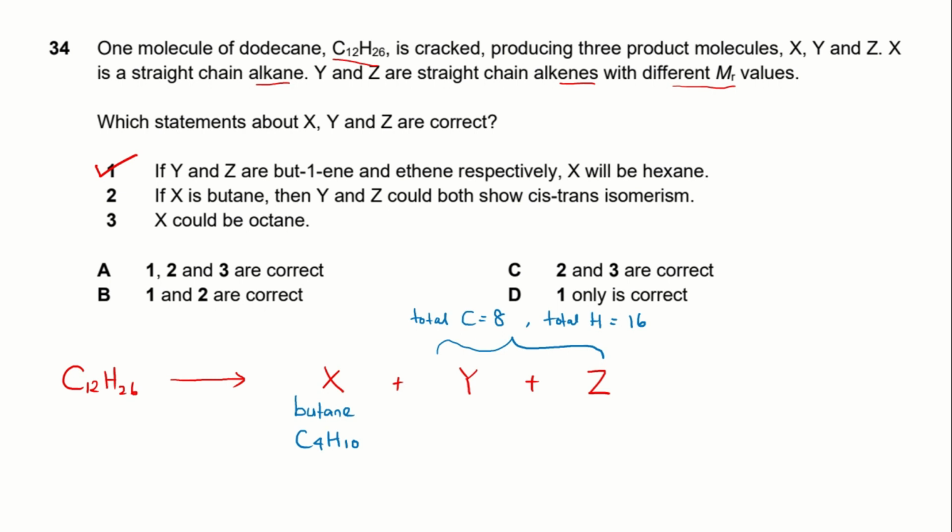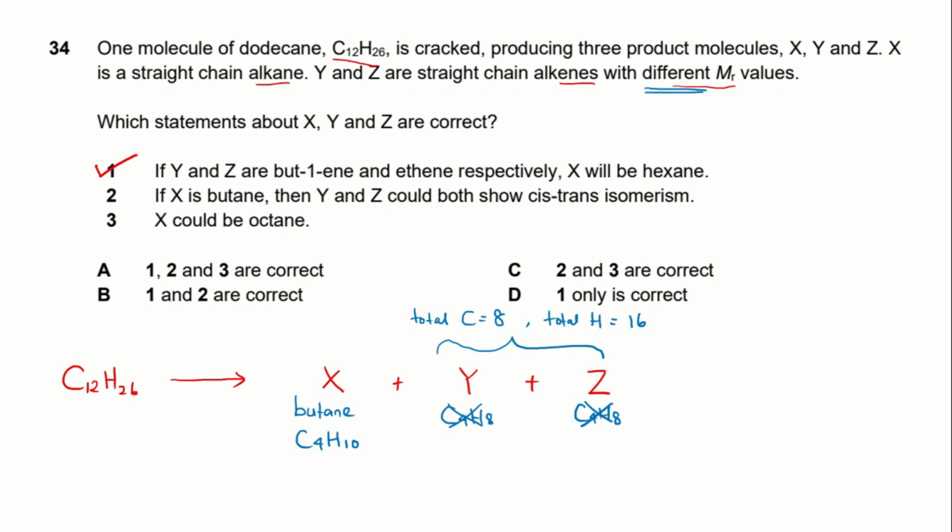The question says that Y and Z are two different alkenes. So Y and Z cannot have 4 carbon atoms each, because if Y is a 4 carbon alkene, Z will also be a 4 carbon alkene.